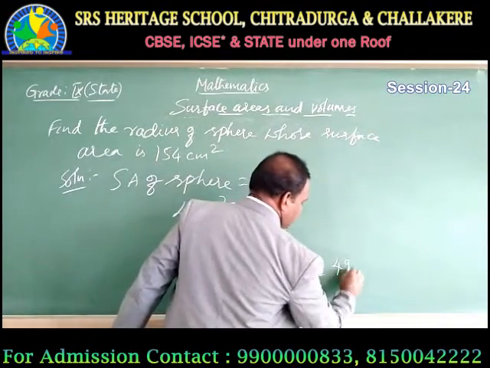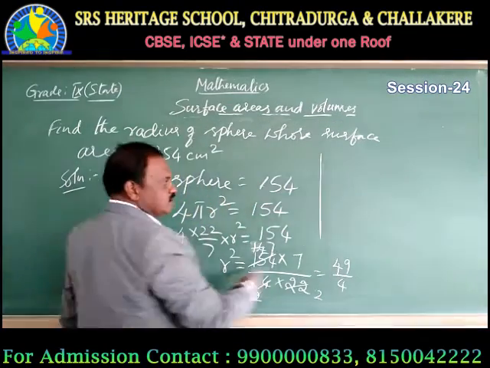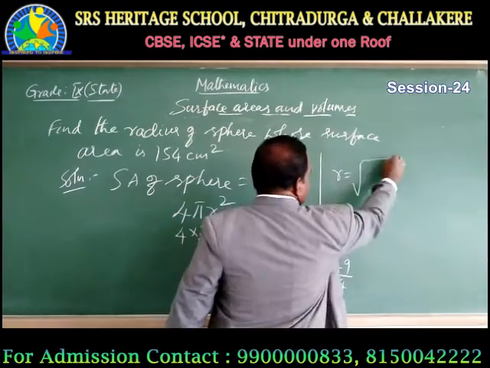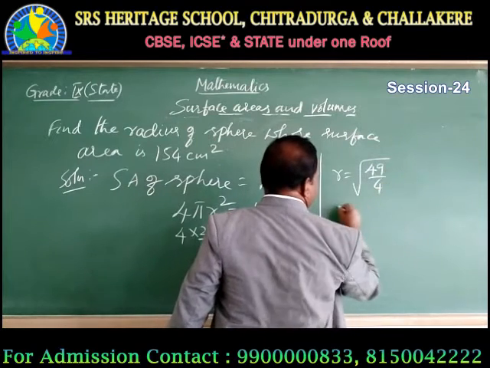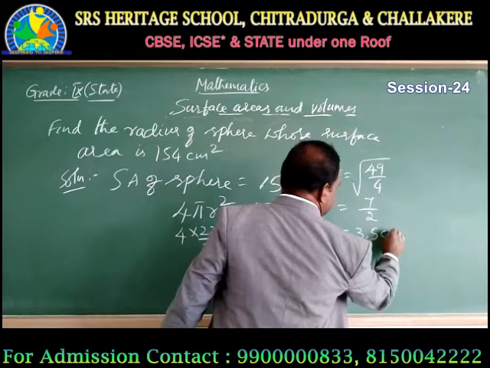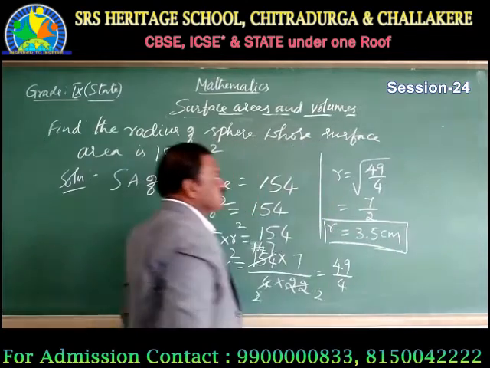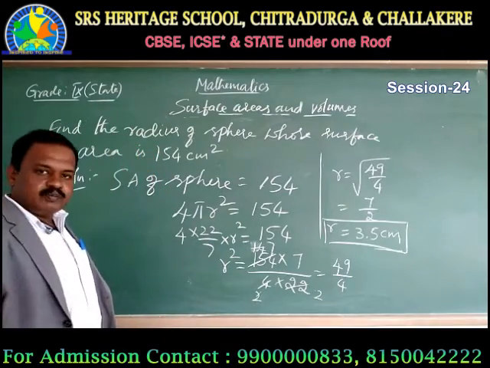So this is 49 by 4. But this is r square. So then r is equal to root 49 by 4, that is 7 by 2, that is 3.5 centimeter. So r is 3.5 centimeter. I hope you understand.